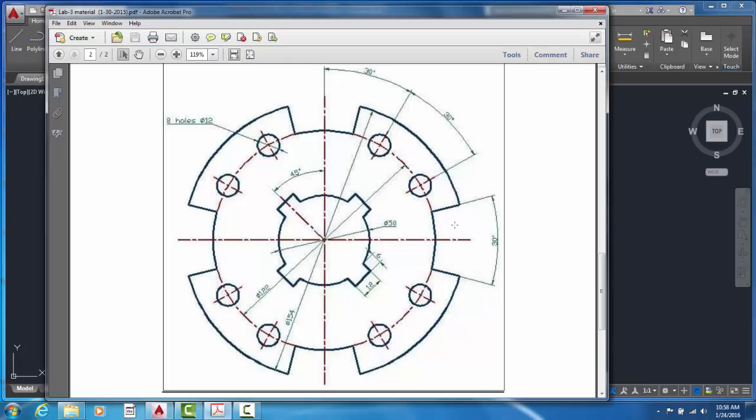Now I'm going to use the trim command. I need to remove the outer portions of my outside arc and the inner portion of my inside arc.